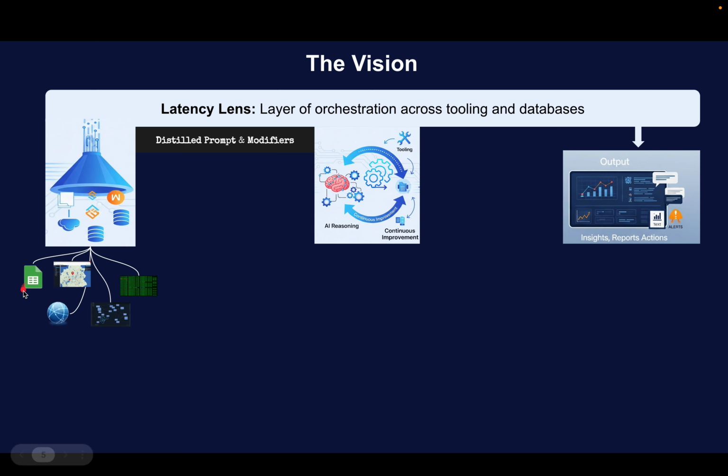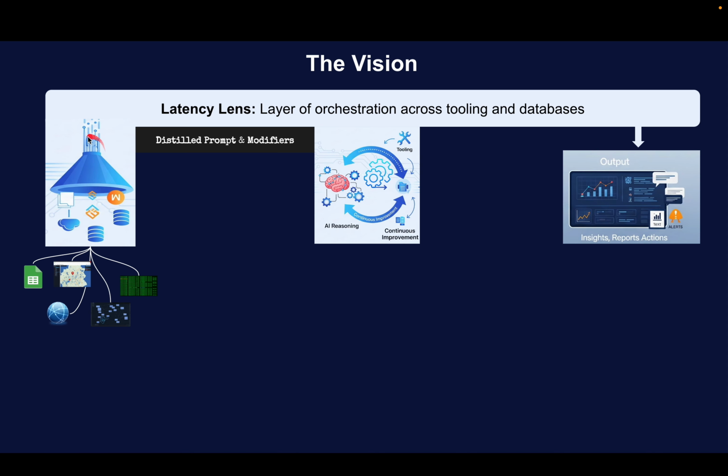Now, if these are your tools or your databases that you rely on, these could be modeled as single AI agents, but this is not what we are proposing. Latency Lens is a layer of orchestration across all tools to remove the silo operation.